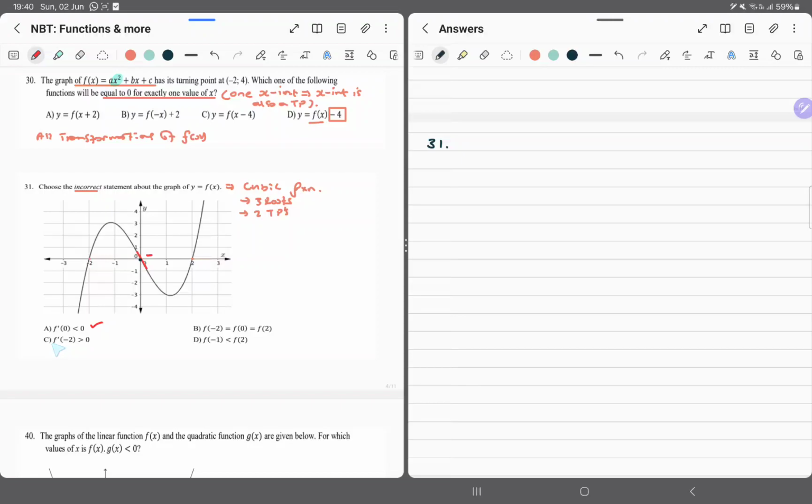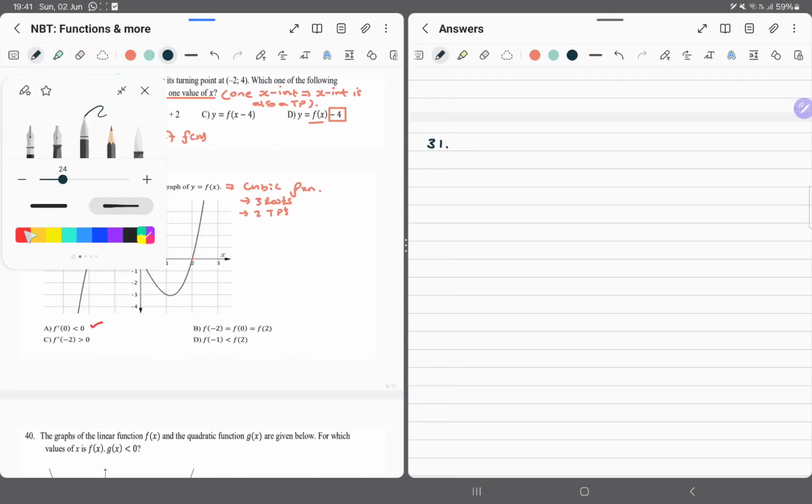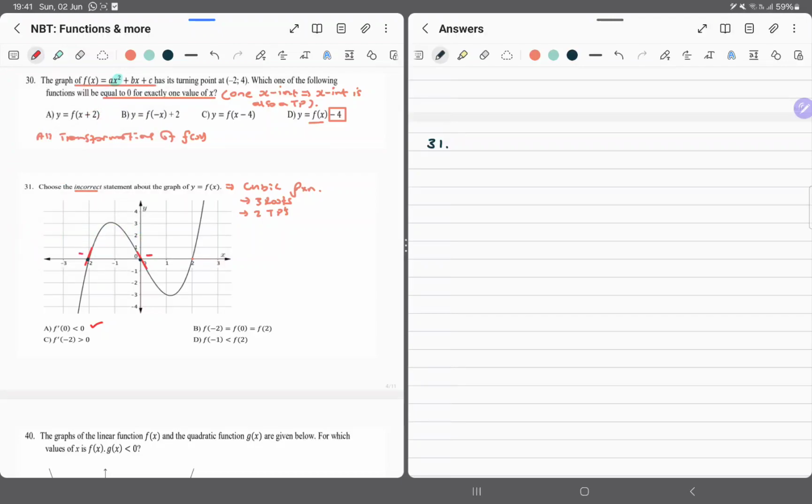Then f prime of minus 2 is greater than 0. That is true because if we draw a local tangent at the x-intercept, we can appreciate that the gradients are positive there. So that's greater than 0.